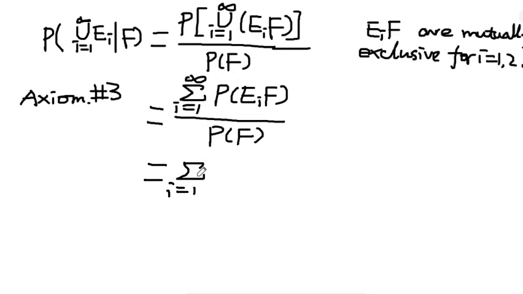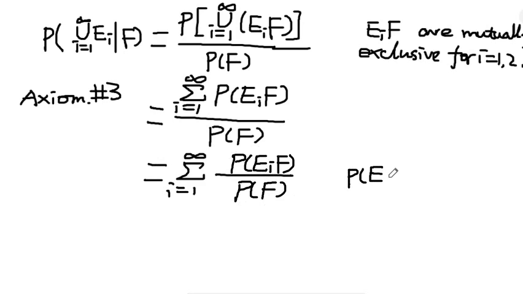Take the Riemann sum outside, that will be each probability of Ei and F over probability of F. What does this fraction mean? When you write Ei given F, what is this? That is the probability of Ei and F over the probability of F, right?